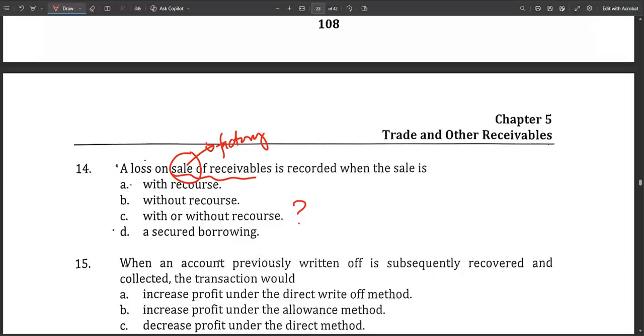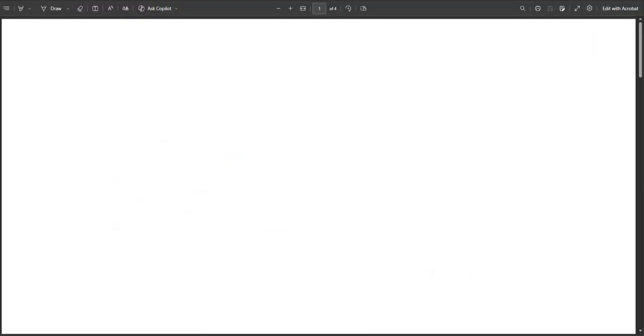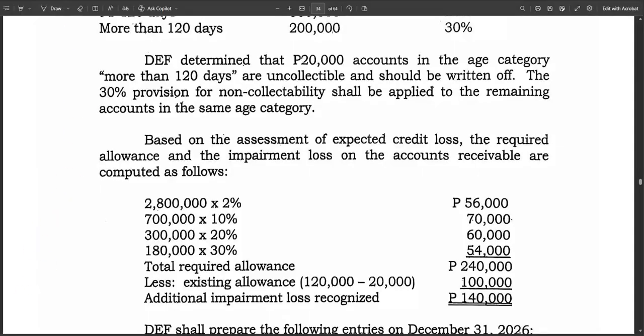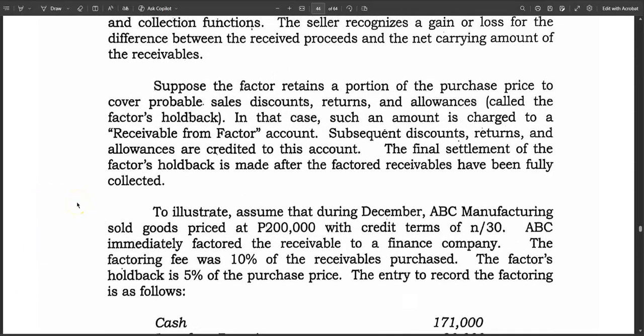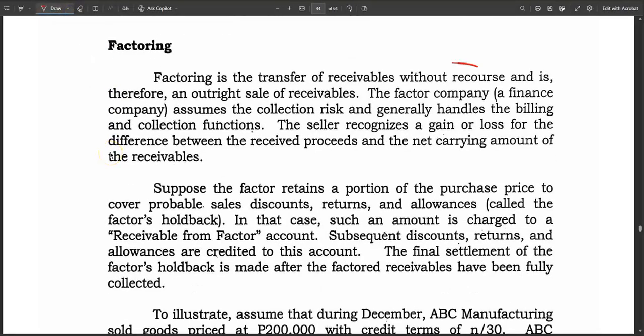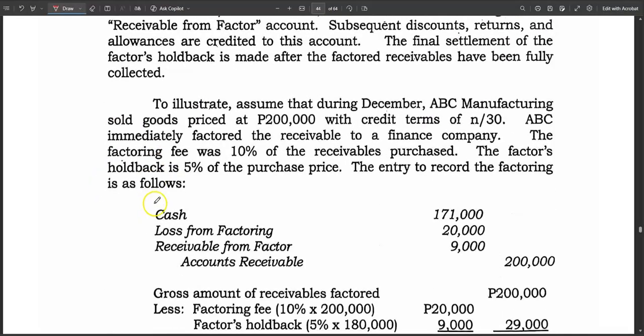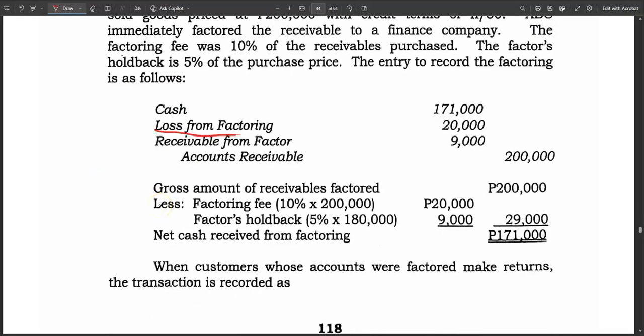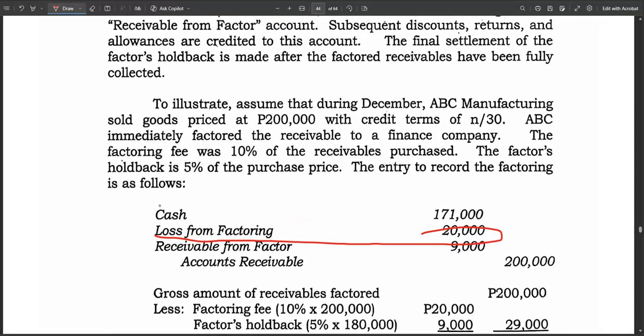We could go back to the theory. Here in factoring, this is a sale of receivables without recourse. You can see that under the without recourse, the entry recognizes a loss immediately. This loss is the amount deducted as a factoring fee.